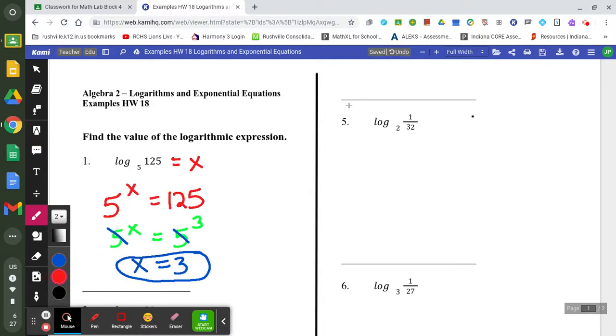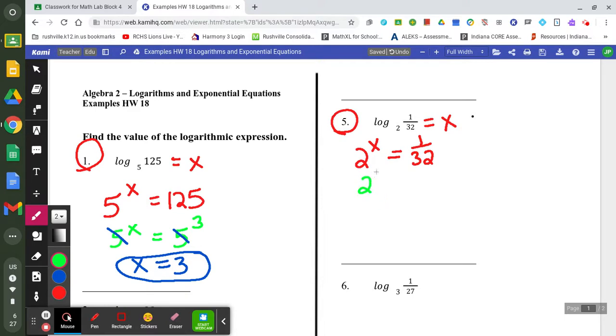Number 5 is the next one I'm going to go to. So I've got log base 2 of 1/32 equals x. 2 is the base, x is the exponent, equals 1/32. Again, I need them to be the same base.